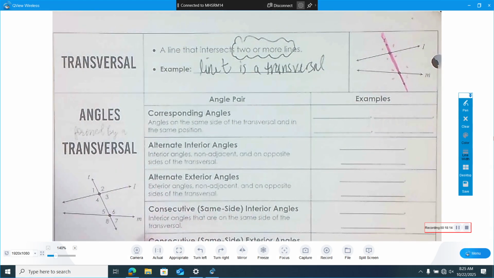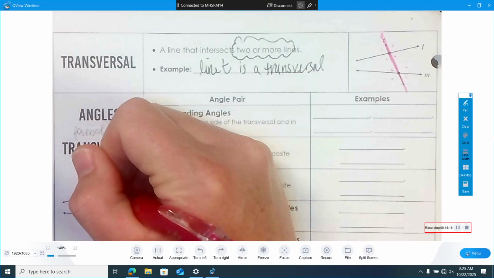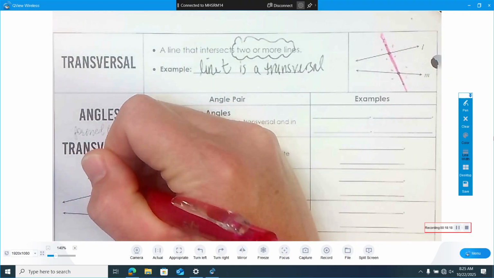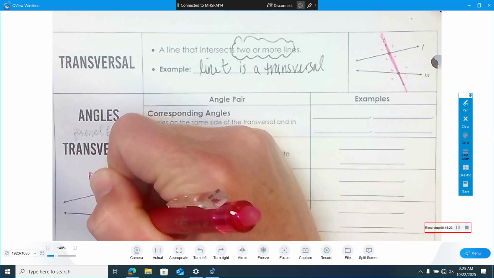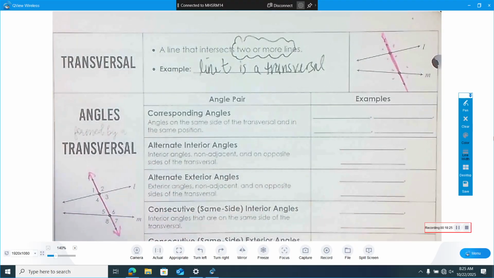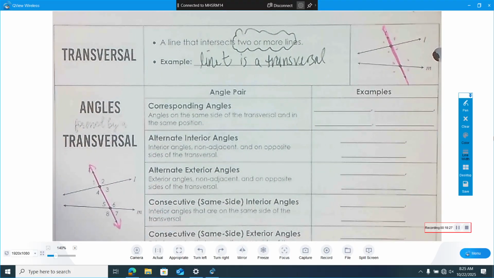And so here we have a little picture. Again, here we have transversal T, and I'm going to highlight it in pink because I think it helps to see that you're on different sides of that pink line, okay?